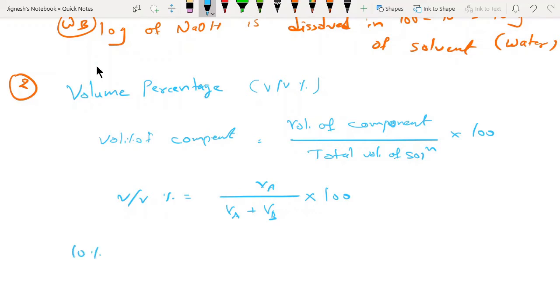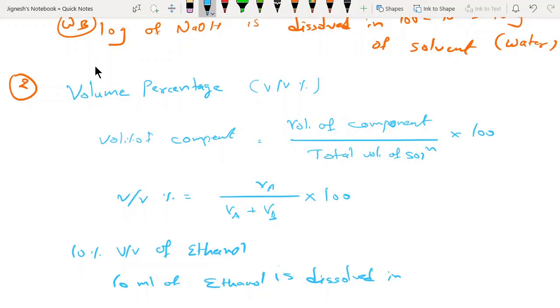Example: 10% V by V solution of ethanol in water. This means that 10 ml of ethanol is dissolved in 100 ml of solution.